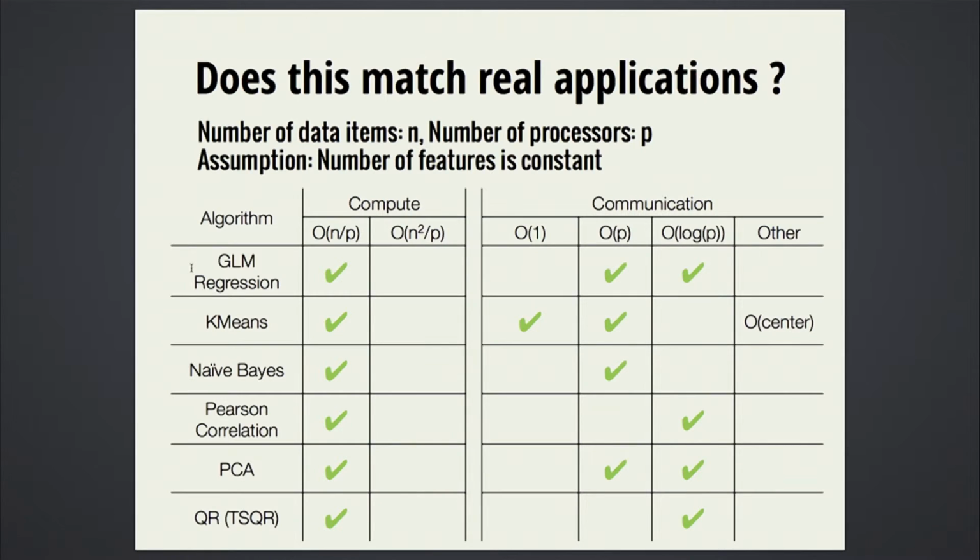And we see that the few terms that we had in the previous slide are actually able to capture almost all of the patterns that we see in these applications. So this was very good to know for us, because the model looks really simple, and we wanted to know if real-world data actually matches the model that we came up with, and we used the MLlib repository to validate our assumptions.